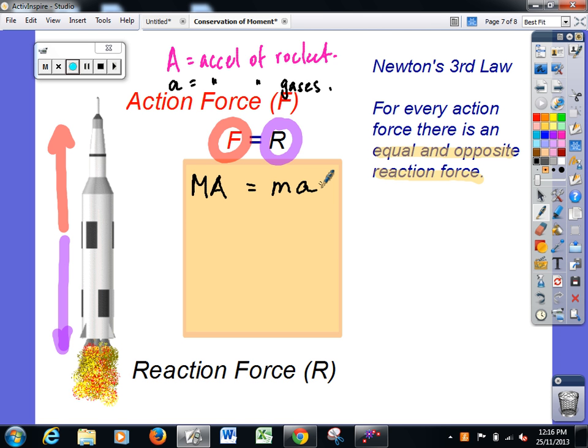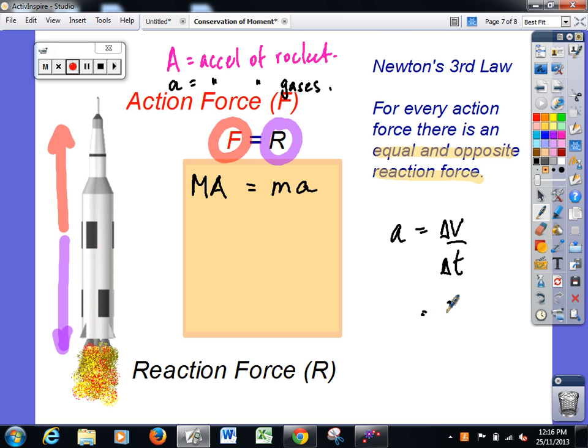Now, what is acceleration? You've all done enough calculus to know that it is the first derivative of velocity, isn't it? It's dv by dt. If not, it's velocity divided by time. Are we okay that acceleration is equal to the change in velocity over the change in time?